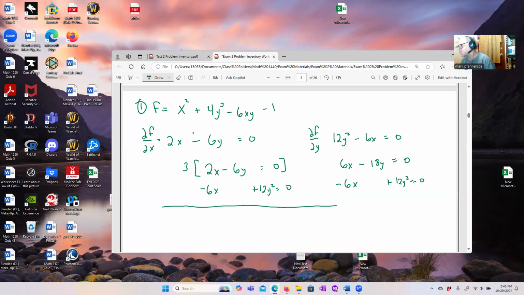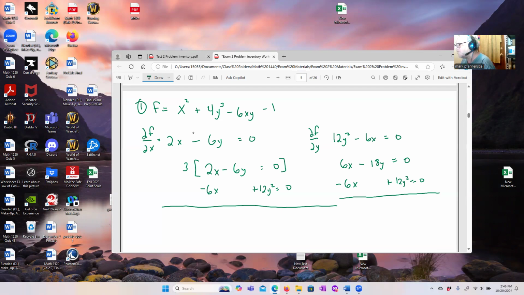The reason why I make some room here is that when I want to add these together, I don't want to mess myself up and accidentally combine these two, because I will. So I'm just making room to keep all of my things in a straight line.